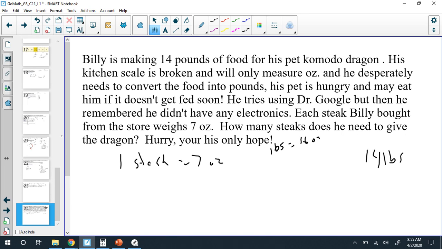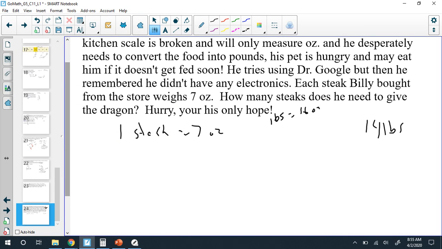So what I'm going to do here is turn each steak into a fraction of a pound. So each steak is 7/16 of a pound. I know that I need to come up with 14 pounds. So I'm going to divide 14 by 7/16, right? Because what I really want to know is 7/16 times what equals 14, but this is a simpler problem to solve.